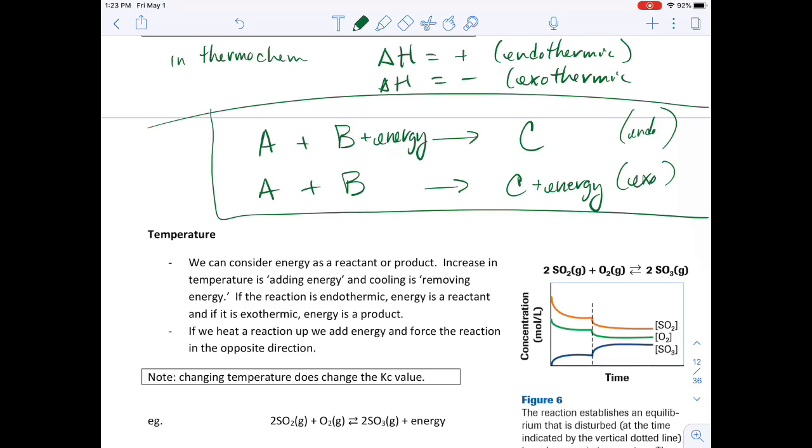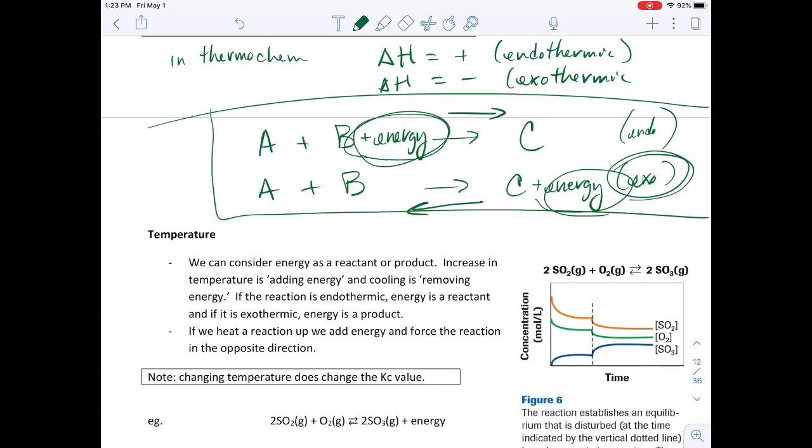Because we need to treat energy like it is a term in the reaction, either a reactant or a product. If I heat the system up, what's going to happen in Le Chatelier's is the energy is going to get used up. So if I heat a system that is endothermic, the reaction shifts to use up the heat. If I heated an exothermic one, it'll shift in the reverse to use up that heat.